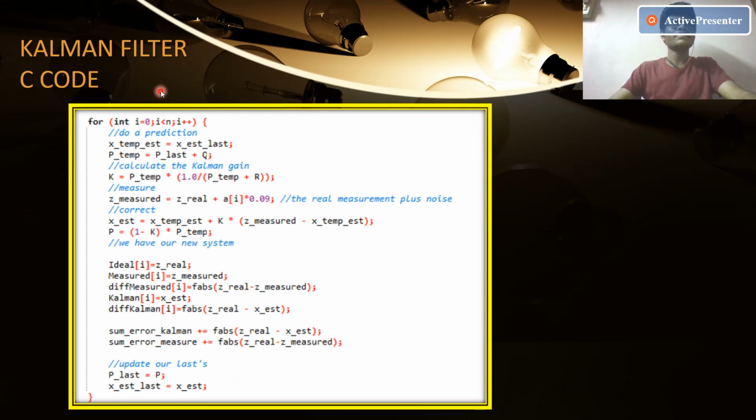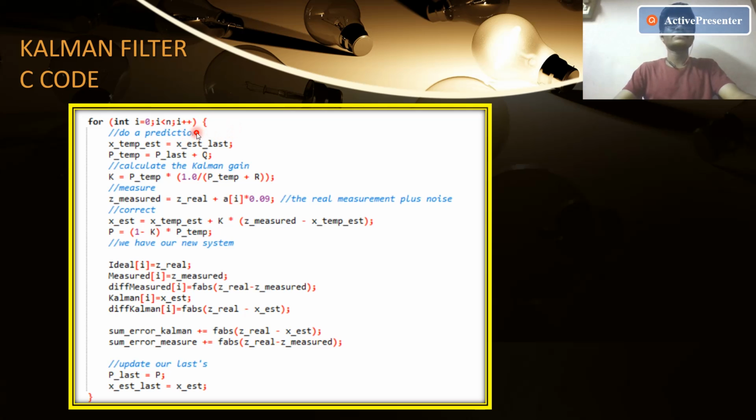Then coming up to the main Kalman filter code, as we can see here the for loop. This for loop is the generalized code. Here the for loop runs from 0 to n iterations. We can take any number of iterations. As the algorithm was mentioned, there are three steps.